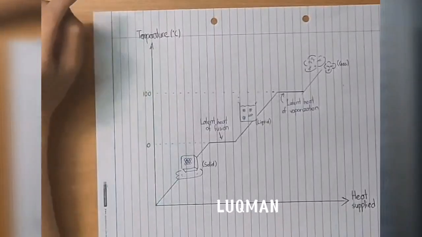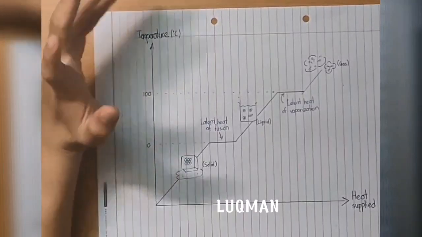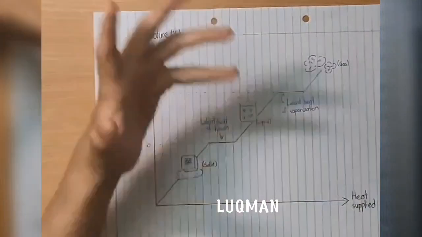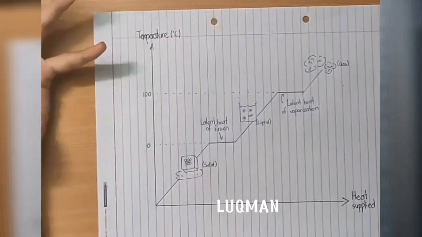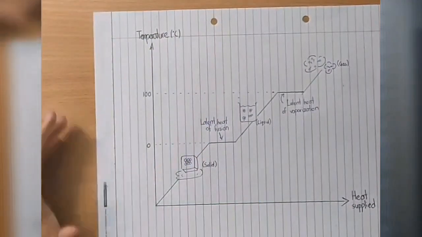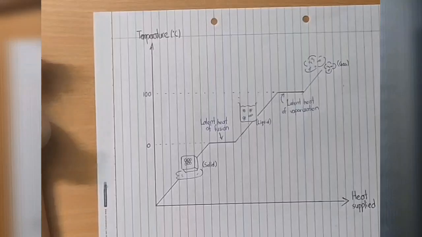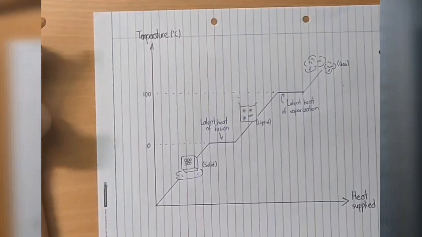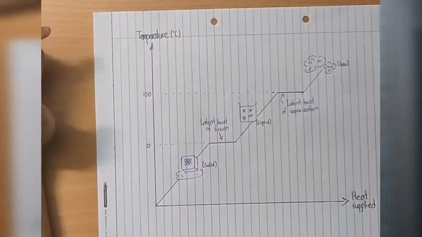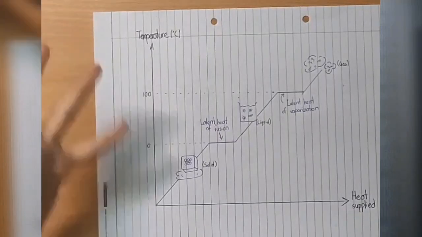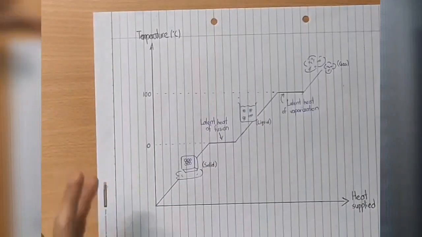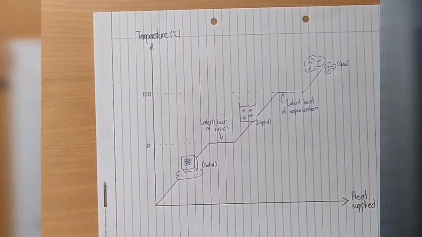Okay, so based on this topic, latent heat, where can we really see it in our daily life? There are various things that occur via the latent heat process around us, including the melting of ice, the boiling of water, the formation of rain, and even when we are sweating. Let's take an example, which is the melting of ice.